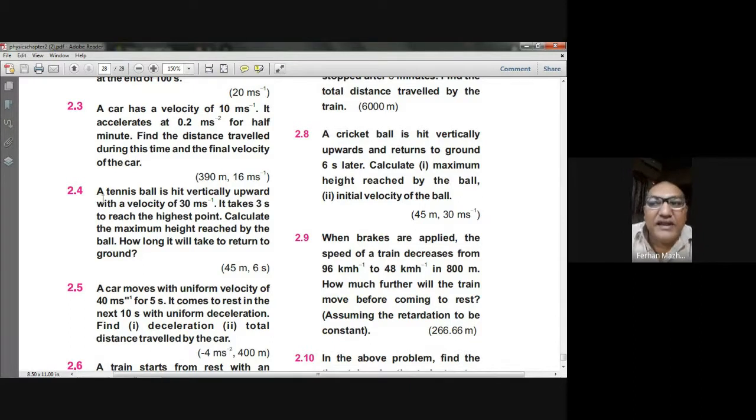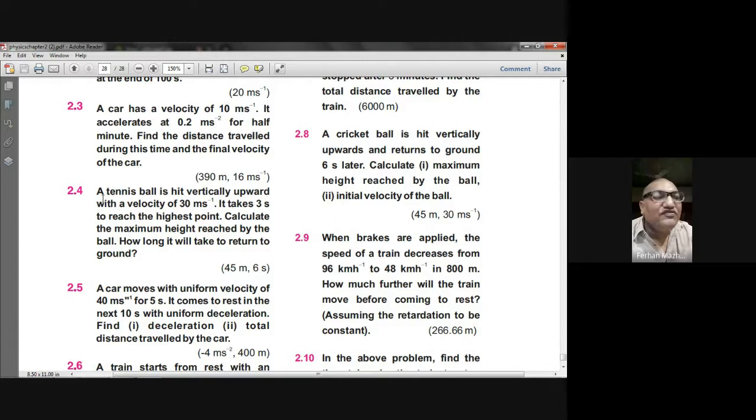For example, here the tennis ball, when hit vertically upward, has an initial velocity of 30 meter per second, but when it reaches its maximum height, the velocity will become zero.